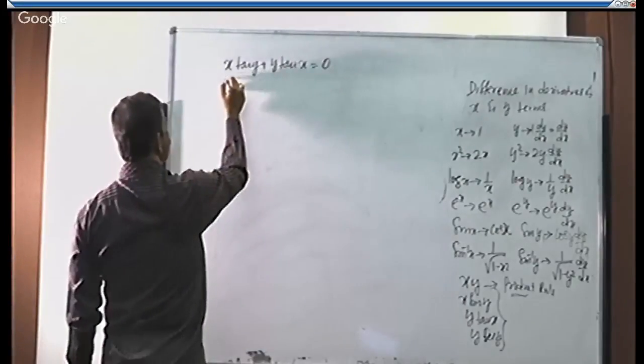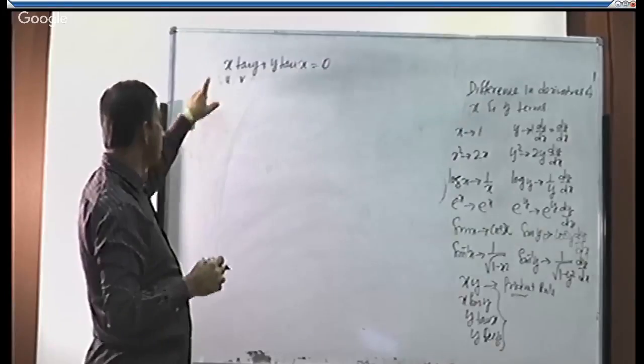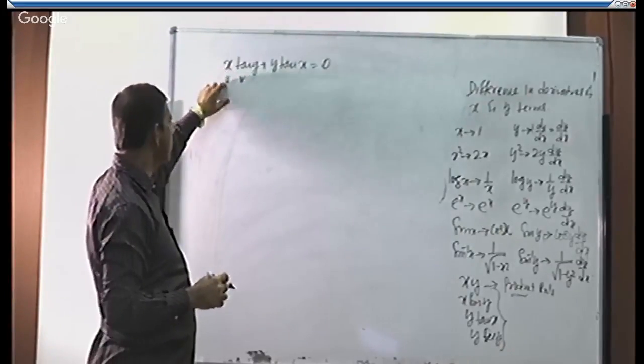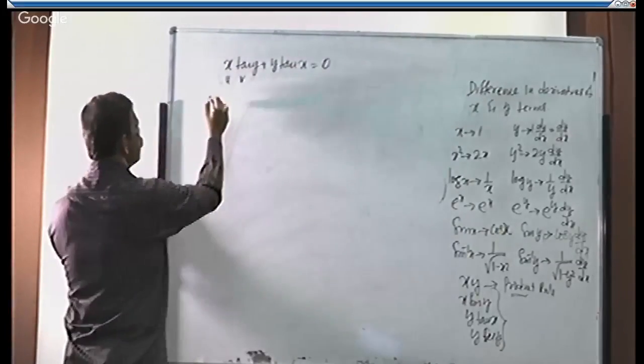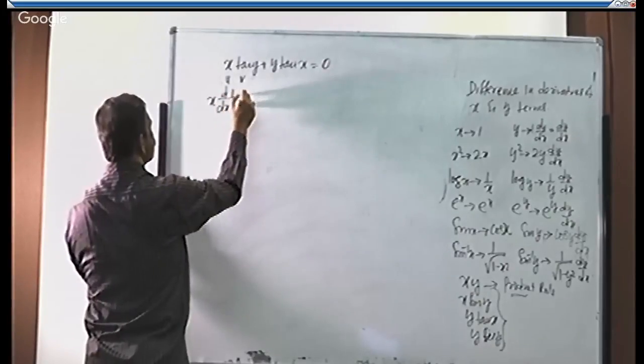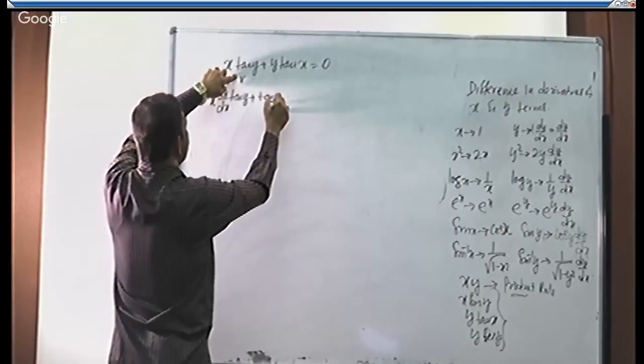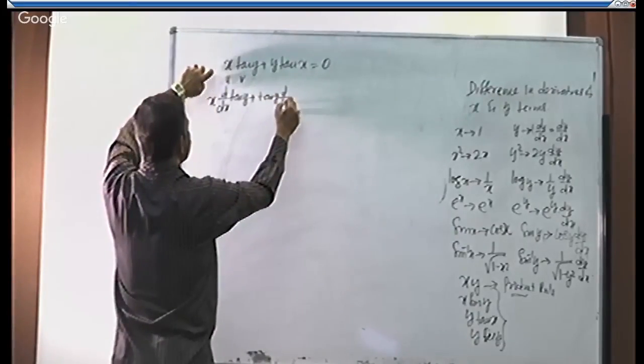On differentiating, the first term is x into tan y. First one becomes u, second one becomes v. Use product rule. X into dy dx of what? Tan y plus v into tan y into dy dx of what?